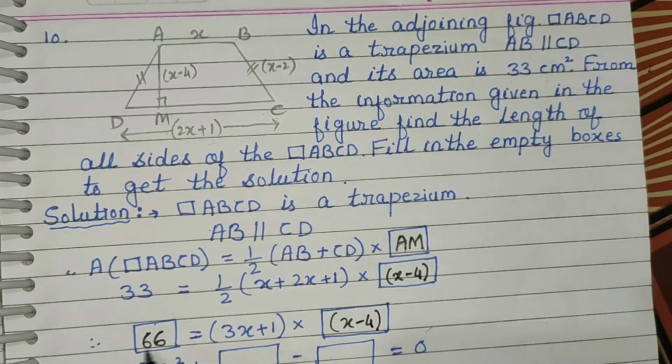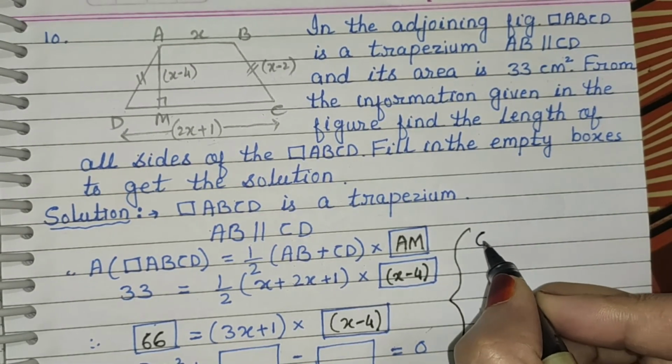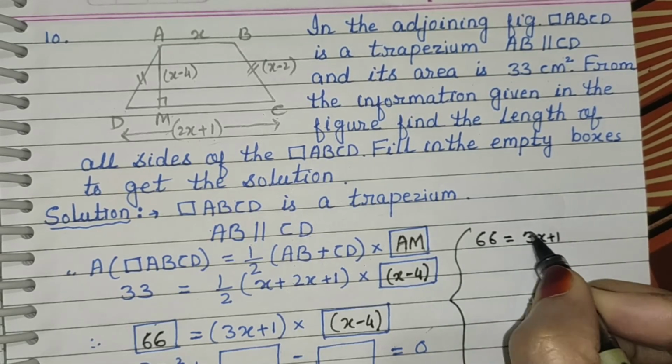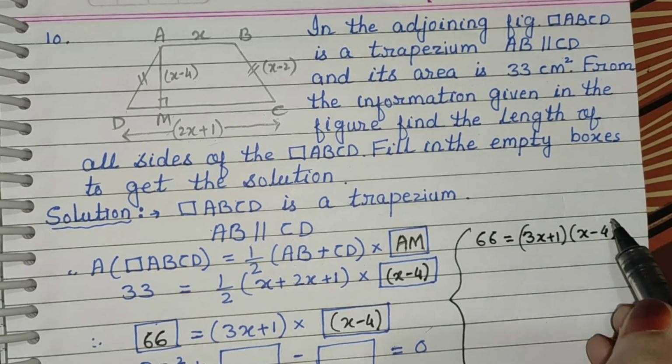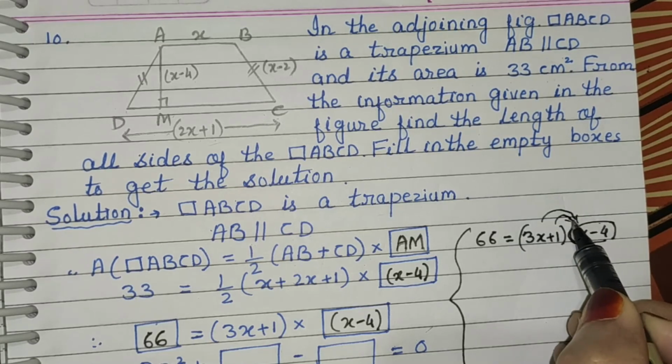Now, after this, we get quadratic equation 3x square plus this one. Now, by doing the rough work here, 66 is equal to 3x plus 1 and second bracket is x minus 4. Now, first bracket, multiply by 3x and the second bracket is multiply by 1.